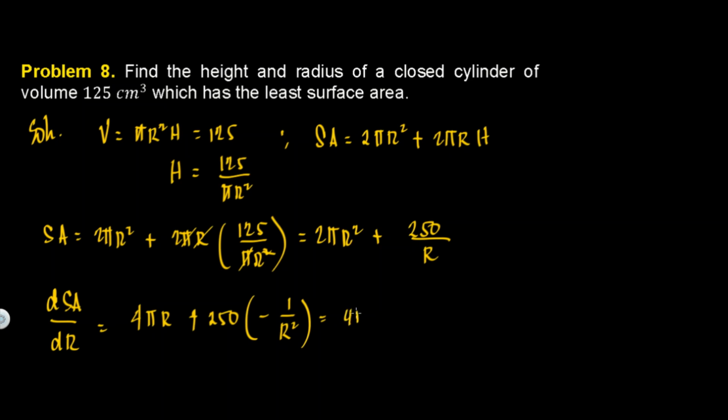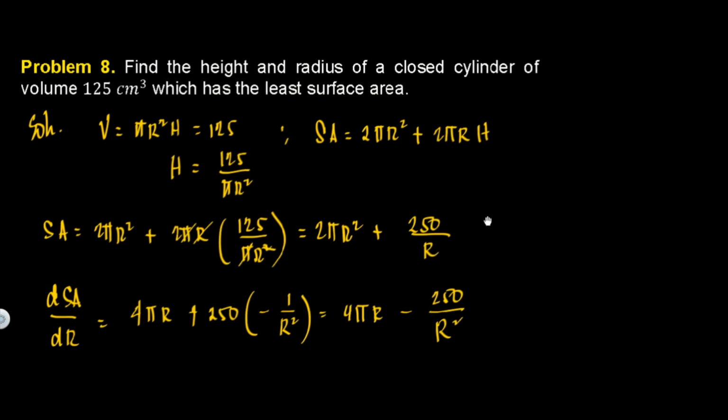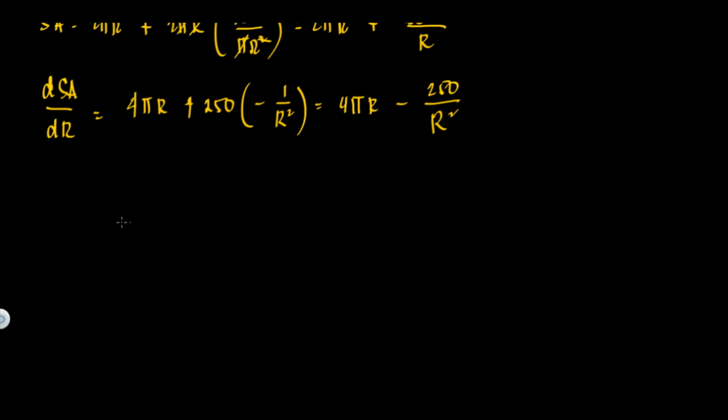Or this is 4 pi r minus 250 over r squared. Okay, then equate to 0. So 0 equals 4 pi r minus 250 over r squared.